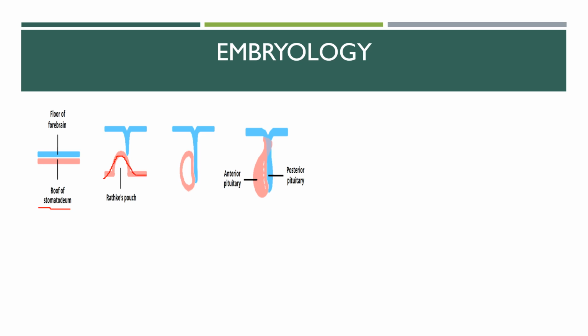It will give rise to the anterior pituitary. Whereas the posterior pituitary develops as a part of the hypothalamus. So this is the diencephalon from where the hypothalamus develops. After certain period they will merge together and form the whole pituitary consisting of the anterior pituitary or adenohypophysis and the posterior pituitary, that is a neurohypophysis.